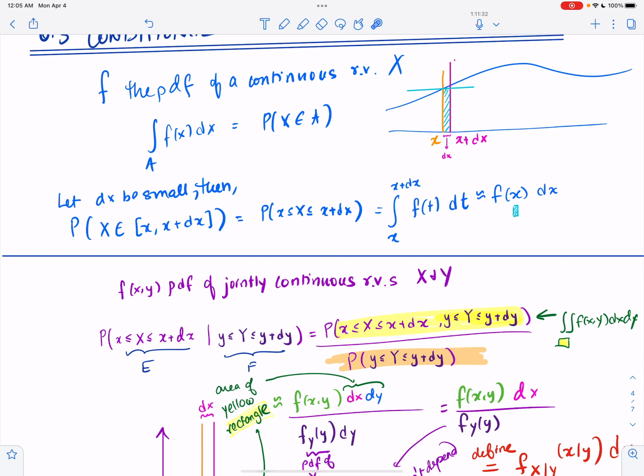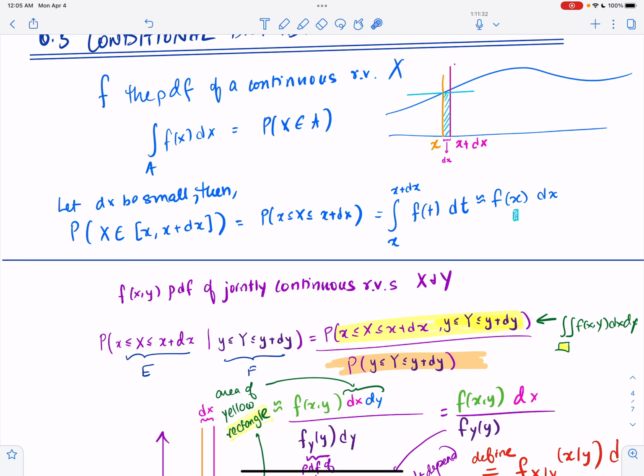So you'll be summing that over all these small little partitions of A, and then take a limit as dx goes to 0, so that Riemann sum in the limit will be this integral. So anyway, in both directions, you know this is the probability that x is in A, and the probability x is in x to x plus dx is approximately the area of this, or f of x times dx.